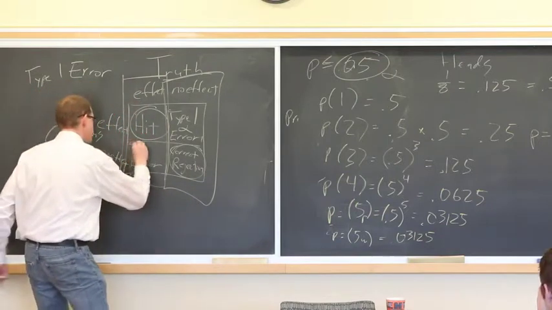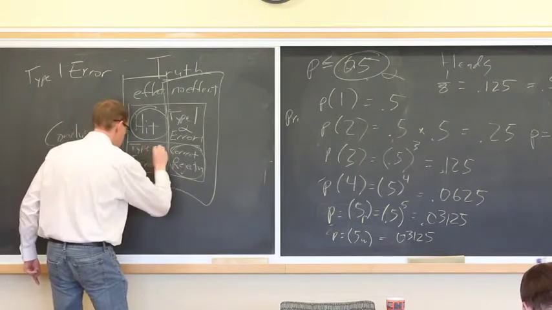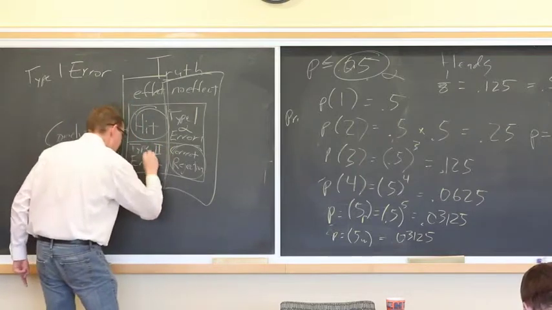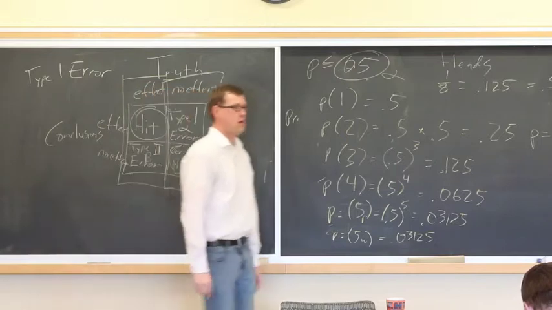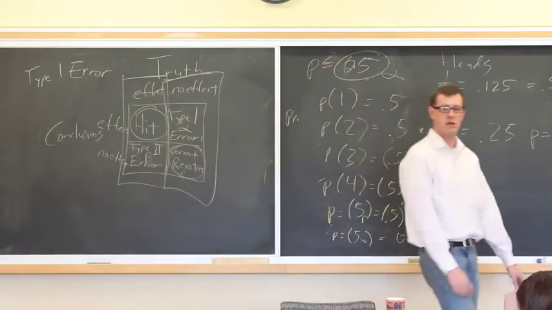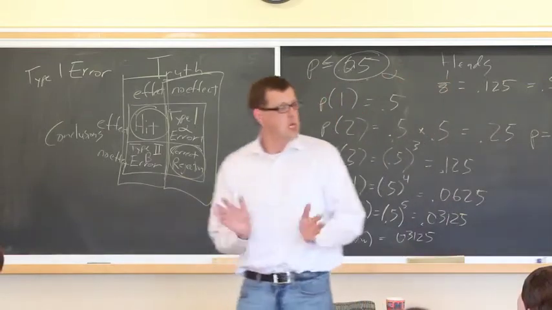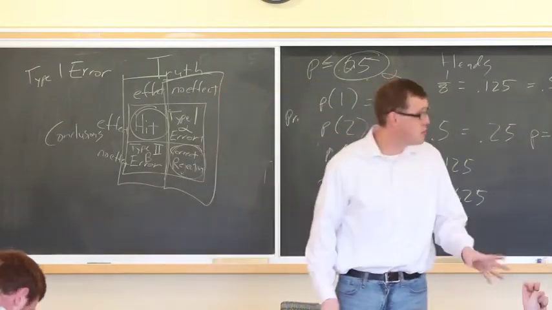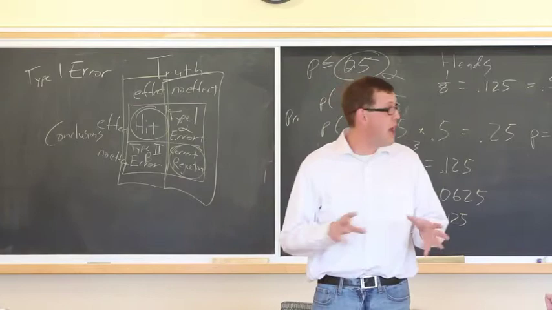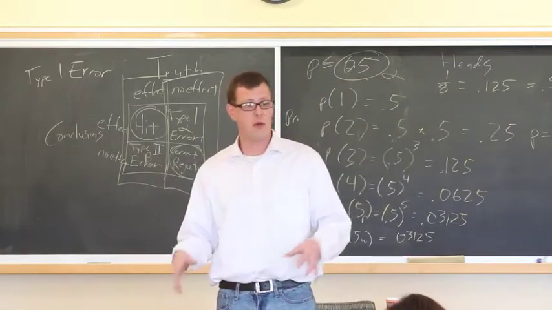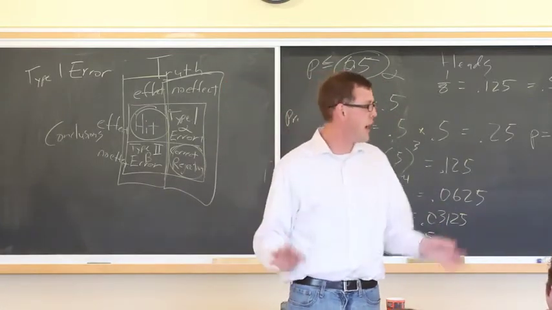So this is the type 2, or the beta error. If you think of Michael Jackson, back when he was young and sweet, A, B, C, it's easy as 1, 2, 3. Alpha, beta, 1, 2. You got it.